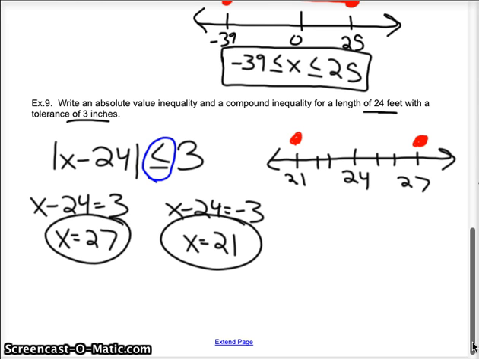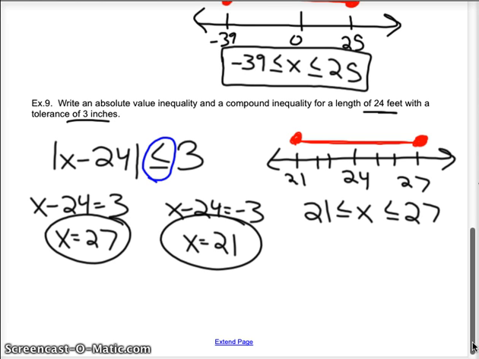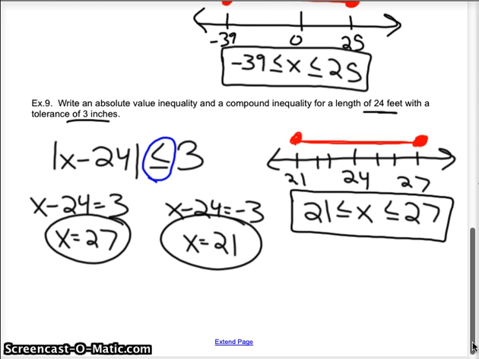Now, less than or equal to has to be less than that radius, within that radius. So what does that mean? Well, that means I am bounded inside. So when I want to write my compound inequality, what I'm seeing is my x is greater than or equal to the lower bound, less than or equal to the upper bound. So that's how I can write it as a compound inequality and how I can represent it as a graph.